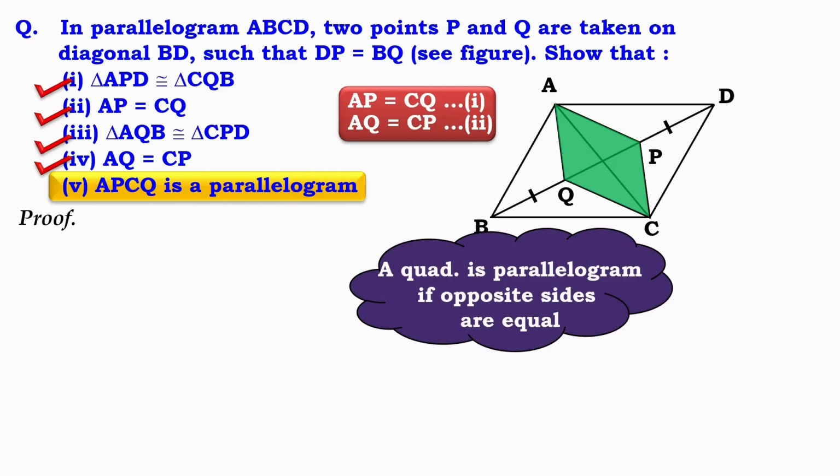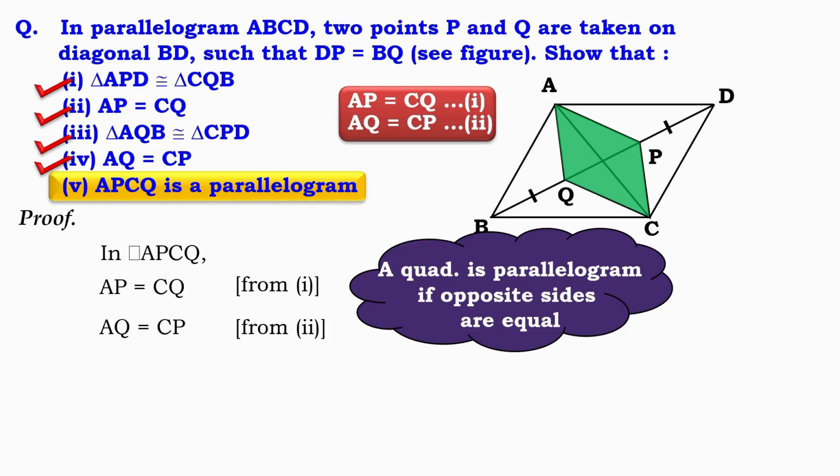Now what we know, that a quadrilateral is a parallelogram if the opposite sides are equal. So in APCQ, AP equal to CQ from equation 1 and AQ equal to CP from 2. So we can clearly say that APCQ is a parallelogram.